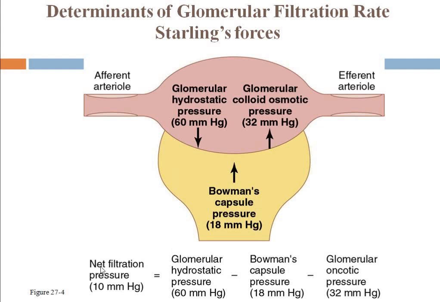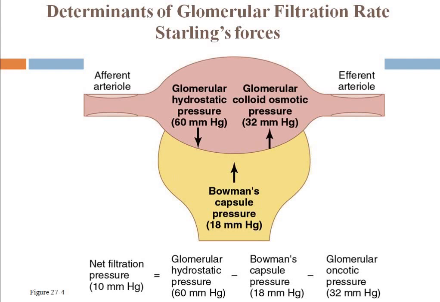So net filtration pressure is glomerular hydrostatic pressure minus Bowman's capsule pressure and minus glomerular oncotic pressure. If we add these two values, it is 50 millimeters of mercury. Hydrostatic pressure is 60 millimeters of mercury, so the difference of the two is 10 millimeters of mercury. So net filtration pressure is 10 millimeters of mercury.